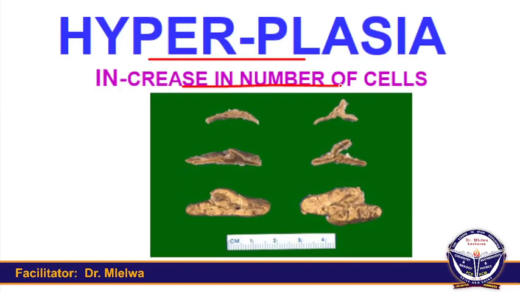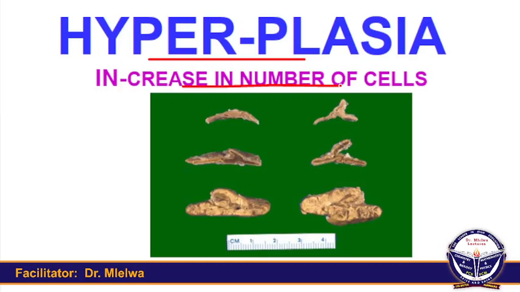That is physiological stress. Kumehitajika ile kazi iongezeke, au kumehitajika the requirement of more cells ili ile kazi ifanyike vizuri. So hyperplasia and even hypertrophy, it is always due to physiological stress or increase the workload. Yani kwamba ile kazi ambayo seli zinaifanya imetakiwa iongezeke, au imetakiwa kwamba zifanye kwa upana zaidi.